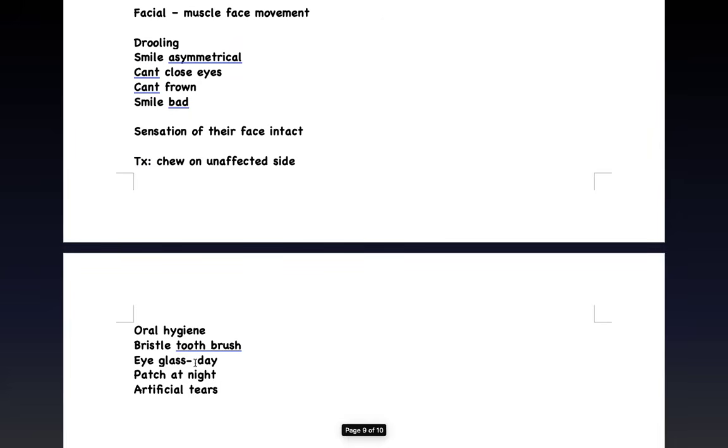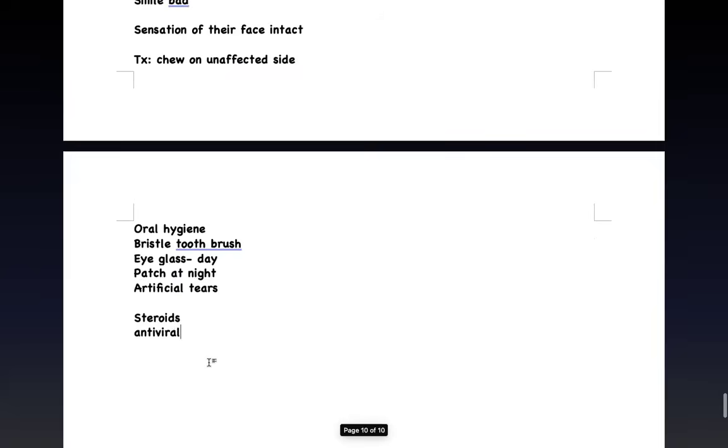Of course, they will need steroid because it's inflammation, sometimes antiviral, because of the viral cause, and then education that this can last for about 6 months. The key thing you need to know is there is no motor effect related to the body.